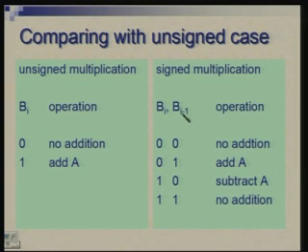Actually, we are looking at this minus that, which can have a value 0, 1 or minus 1. So, when both are 0, we have no addition, nothing to be done, no addition, no subtraction. When this is 0 and this is 1, since we are doing b i minus 1 minus b i, we need to do addition of a. When this is 1 and this is 0, we subtract a, and when both are 1, again we require no addition.